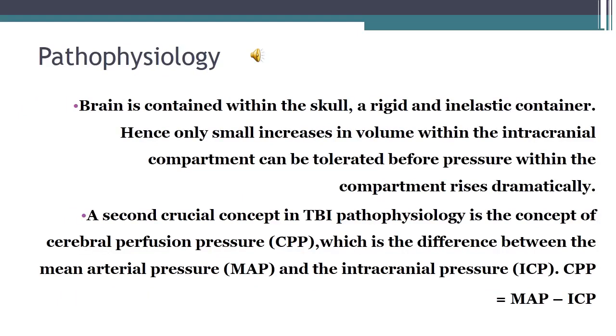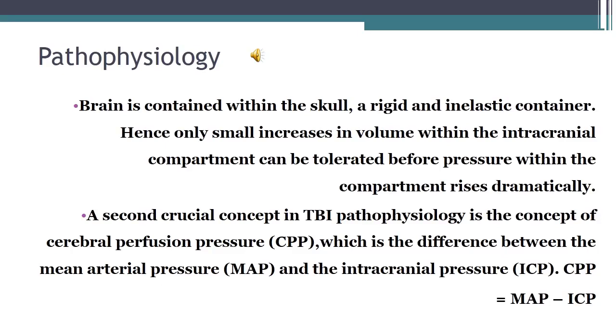A few points about pathophysiology. The brain is contained within the skull, which is a rigid and inelastic container. Hence, only a small increase in the volume within the intracranial compartment can be tolerated before pressure within the compartment rises dramatically.